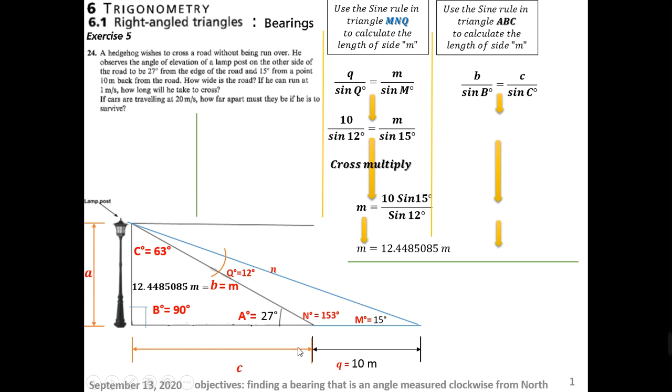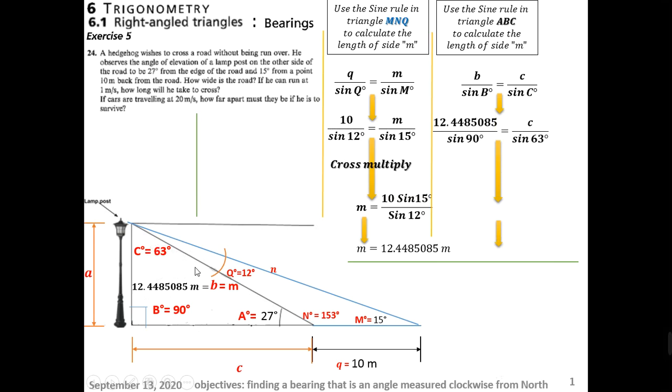The missing side here is C, so we're trying to find C. All right, so side B, which we have already found, over sine angle B, which is 90 degrees, is equal to side C, which is my unknown, over sine of angle C, which is known, and it's 63 degrees.